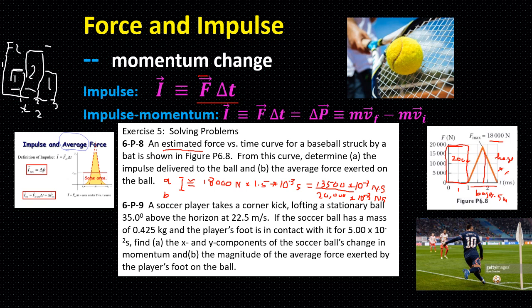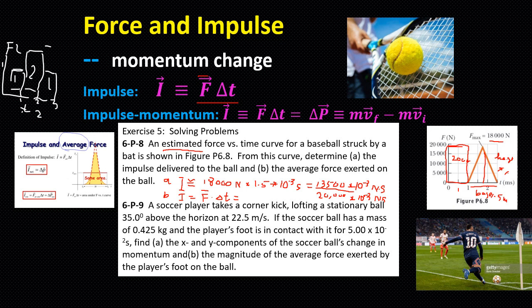We use the average force because the force is changing. Nothing is really constant in the real world, so you can just do an approximate calculation. The average force is sometimes strong, sometimes weak, but the average force, say you know the impulse.